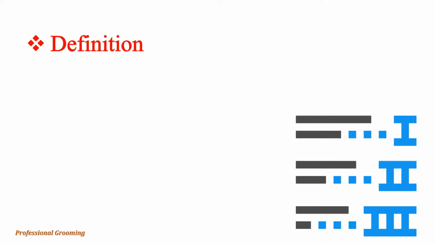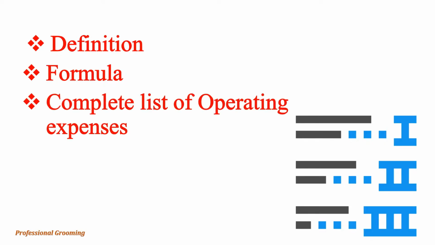I will explain the definition in simple words so you will understand operating expenses easily. Next, we will see how we can calculate operating expenses by using a formula, and we will see the complete list of operating expenses by giving simple examples so everyone can understand which item comes under which category.